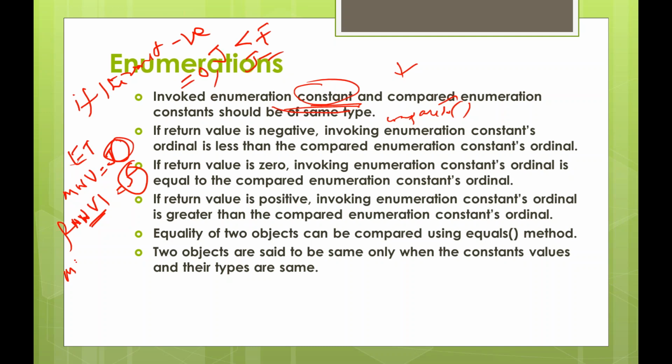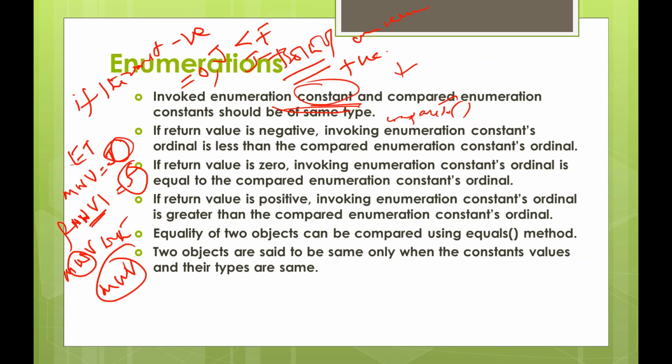In my case, I compared MWV with MWV, which is why it resulted in 0, and we could see both objects are the same. If it is positive, then Jan is greater than Feb, greater than in the dictionary sense, meaning Jan comes before February.